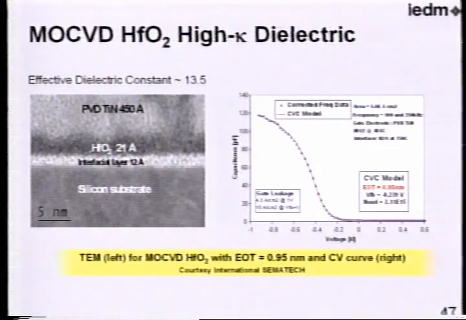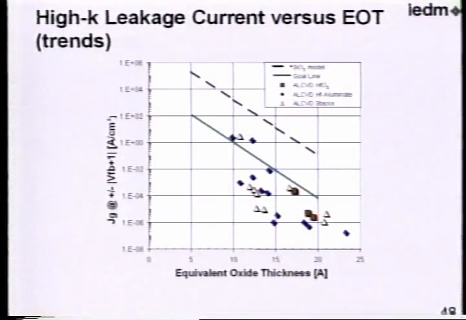So again, mobility degradation. This one doesn't have so much mobility degradation because if you get the interface oxide above 5 or 6 angstroms, then you don't have a mobility problem from the oxide, the dielectric. So if it gets much below that, then the interface needs to go down to almost nothing.